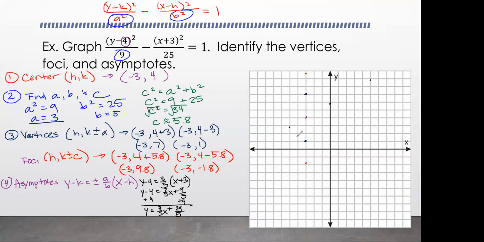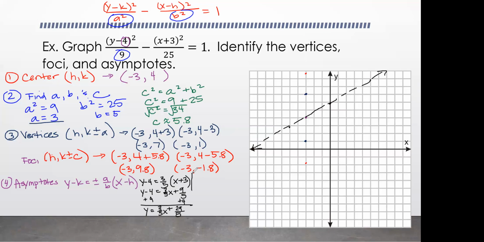So that is going to be one of my asymptotes. This is a dashed line, and it keeps going.